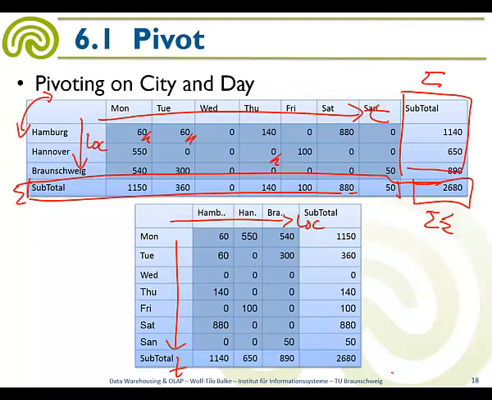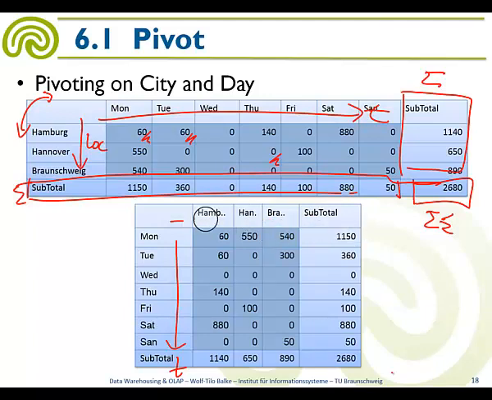Okay? This is all it does. So just pivoting things around to show them in a better way or make them fit for your presentation, so it fits the sheet better. So just changing the axes.